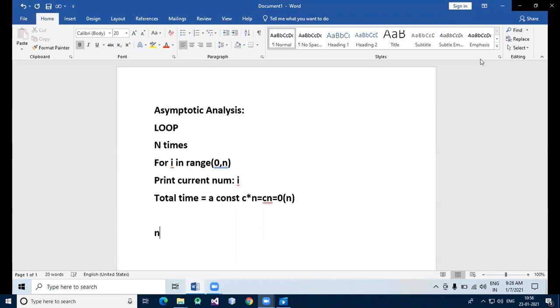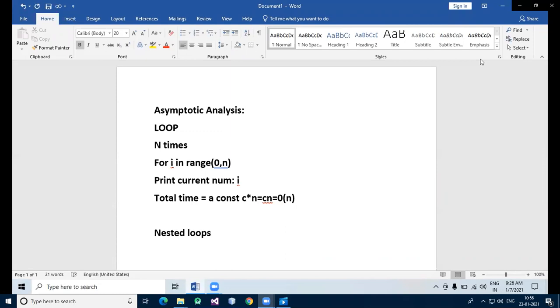Then the nested loop. Here we analyze inside out. The total running time is the product of the sizes of all the loops. So in a nested loop, the total running time is the product of the sizes of all loops.